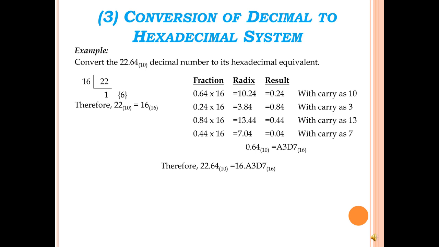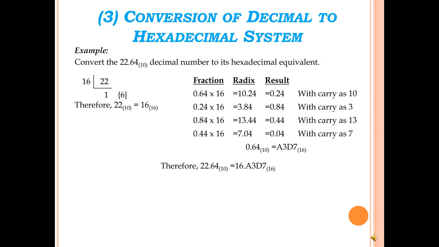That means the final result for 0.64 base 10 is equal to A3D7 base 16. Now there might be confusion as to why A3D7. As I already discussed, I have shown you the chart, and the numbers from 10 to 15 are denoted with alphabetical digits from A to F. So A denotes 10.